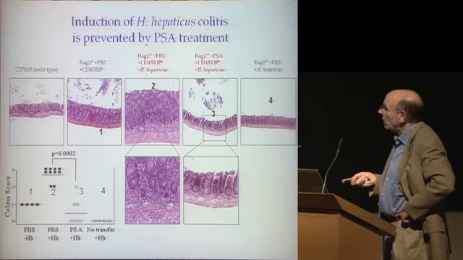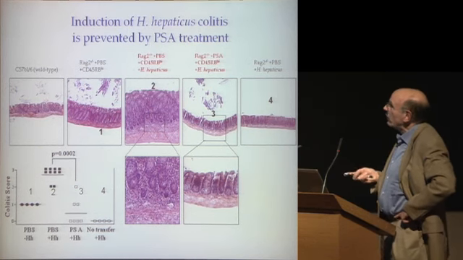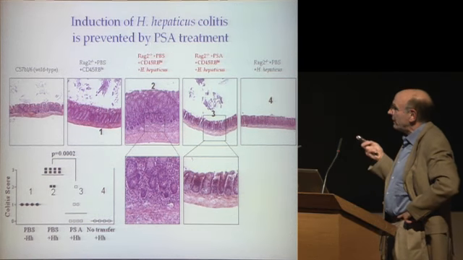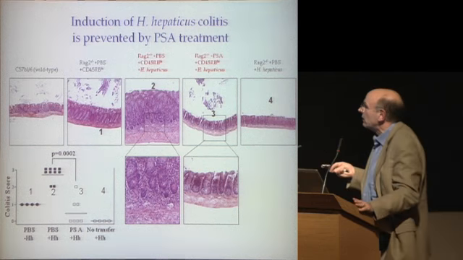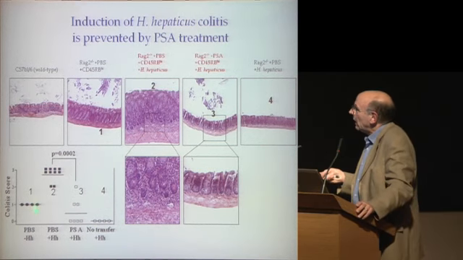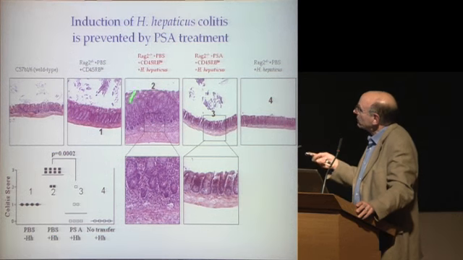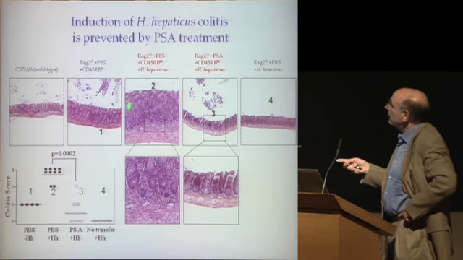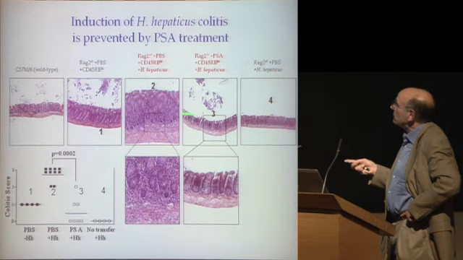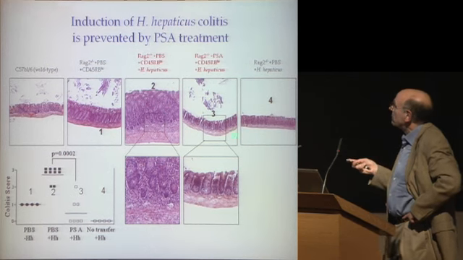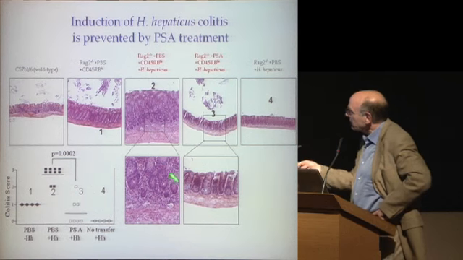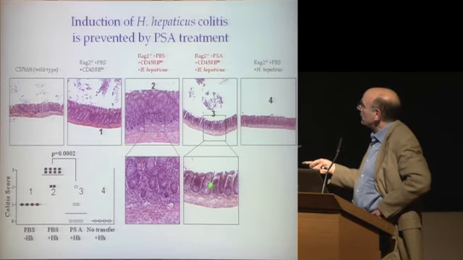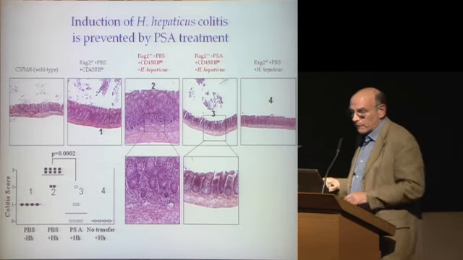By itself, it doesn't cause disease, but if you give these RAG mice CD45RB high cells, effector T cells that are presumably naive, in fact, they get lots of colitis, as you can see here. This is a blow-up. This top row is all at the same magnification. But if you PSA treat them, in fact, they have a markedly reduced level of colitis, as you can see. Again, this is a blow-up, lots of inflammation here, and essentially none to little here.